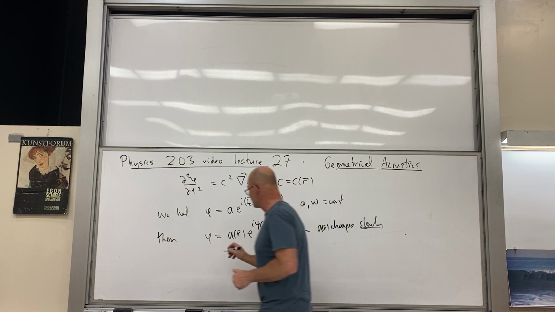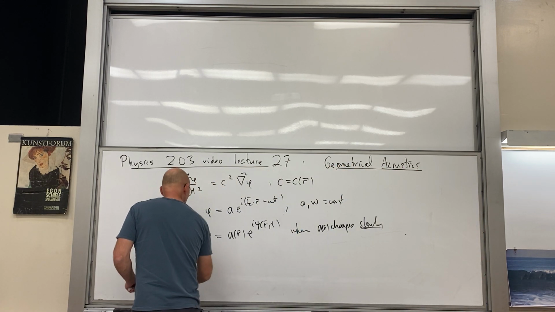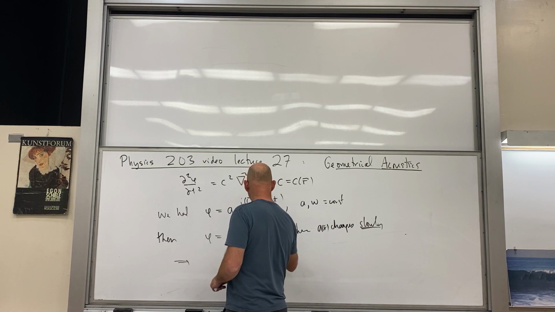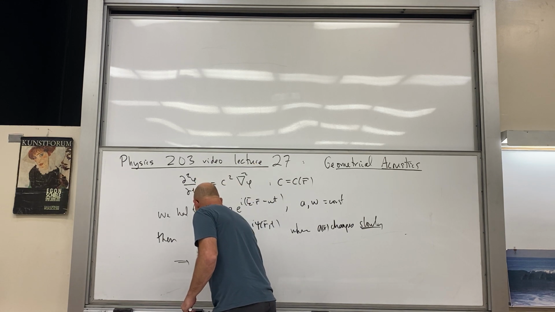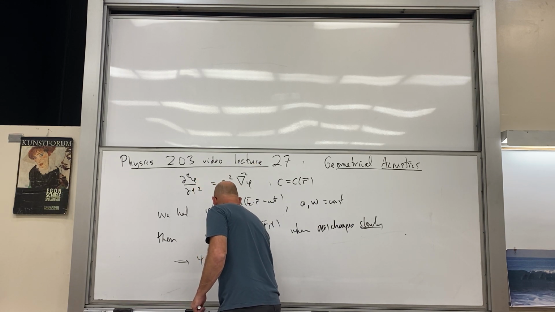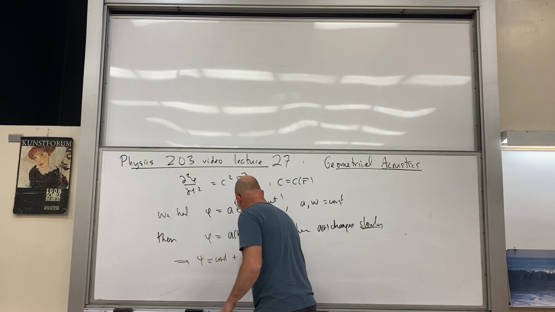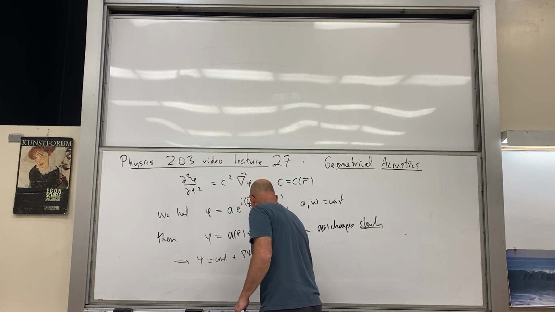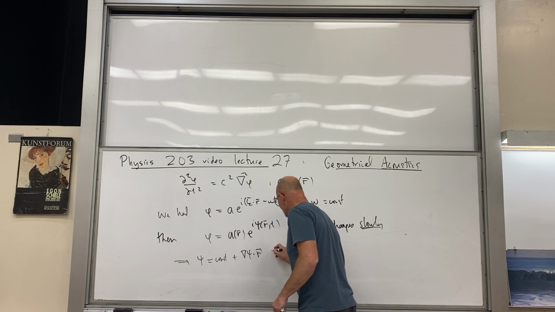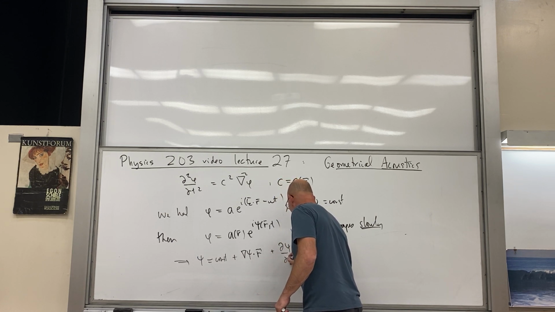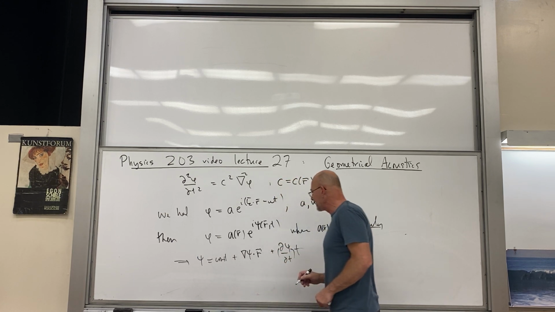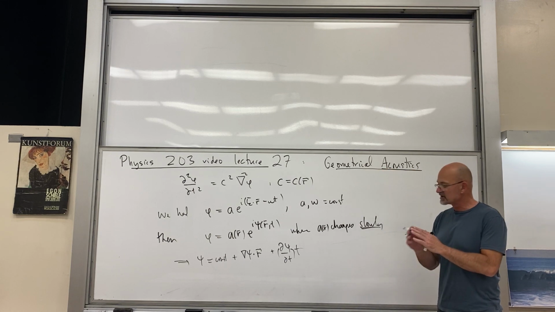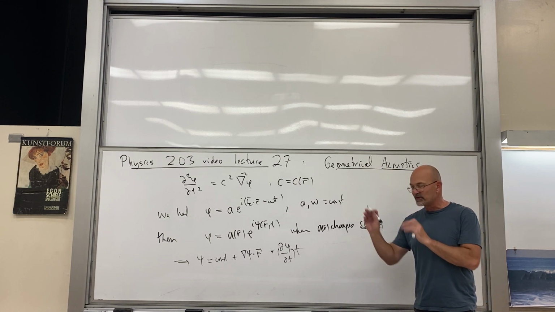and then what we end up with is we expand c, we just say there's a constant plus gradient of c dotted into r plus dc/dt times t. So we expand around some arbitrary point chosen.